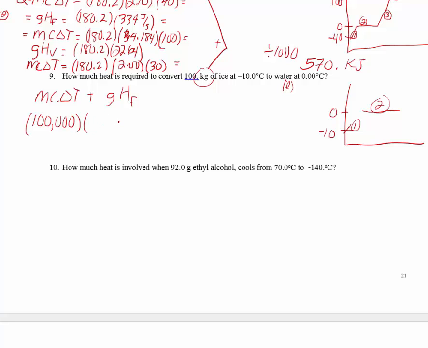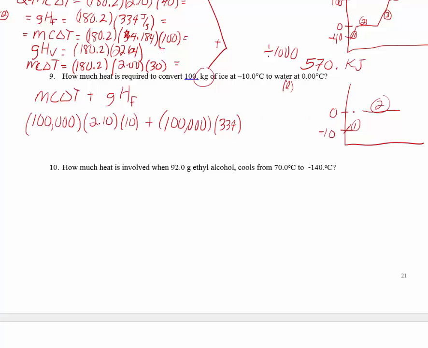Specific heat, it's a solid. Looking on your chart, the specific heat for solid water is 2.10 times 10, because it only heated up 10 degrees, and then the same 100,000 grams. This time we need to melt it, and that's 334 joules per gram.